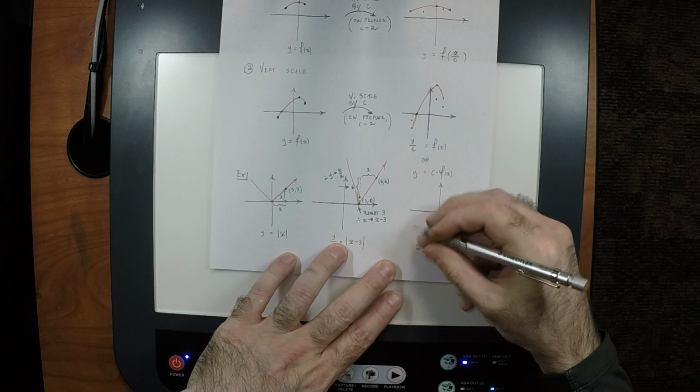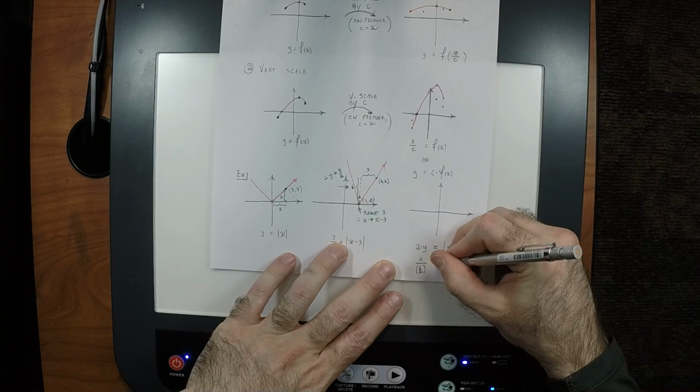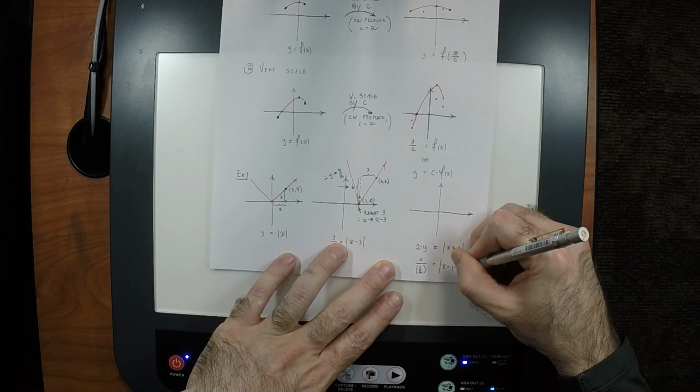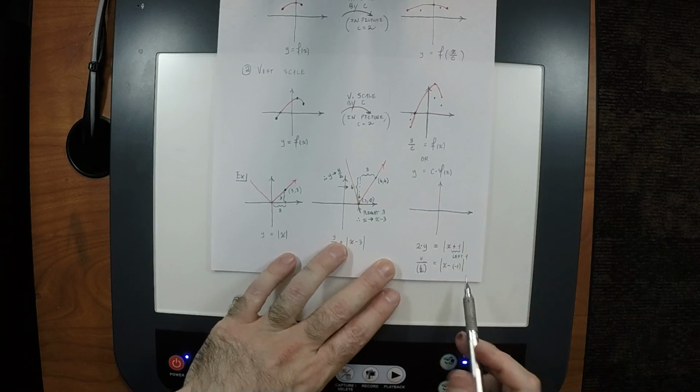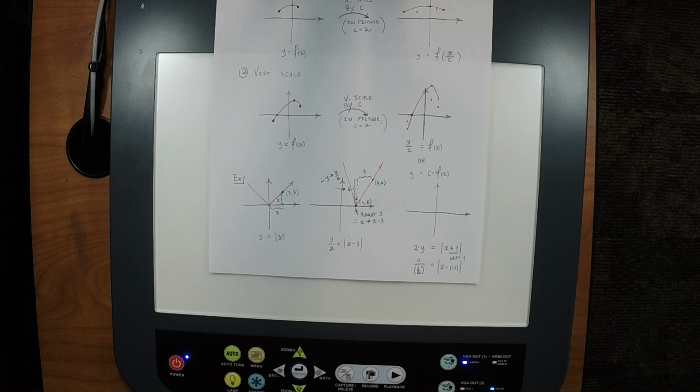So you could say that this is y divided by half, if you just wanted to view it that way. And then is absolute value of x minus -1. And then instead of saying you're going to move left 1, you could say I'm moving right -1. But then there's so many negations that most people's heads kind of say, no, I'm not going to say that. But okay, however you want to think about it.